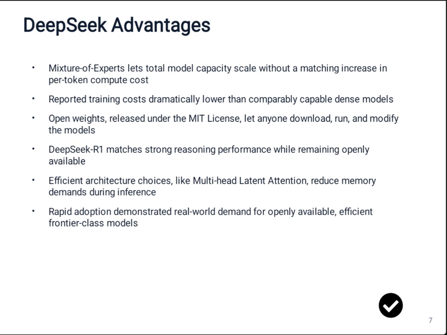DeepSeek R1 matches strong reasoning performance while remaining openly available. Efficient architecture choices like multi-head latent attention reduce memory. Rapid adoption demonstrated real-world demand for openly available, efficient frontier-class models.